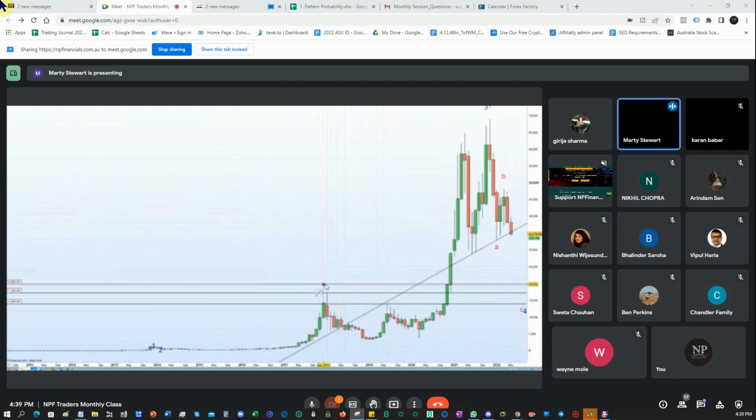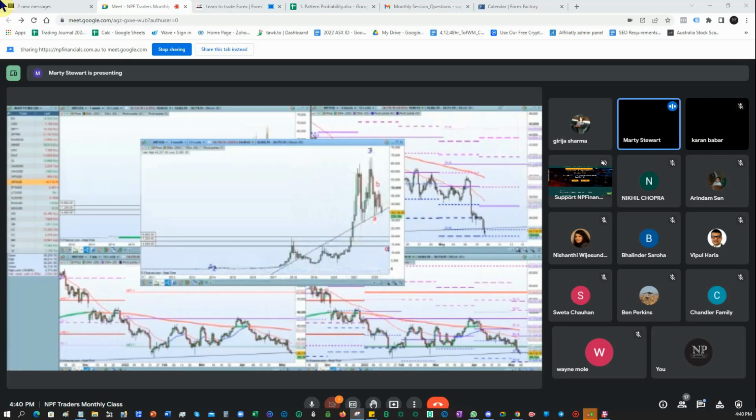And I generally use a daily pivot point to get my supports and resistances for that. And I've found the impulsive versus corrective seems to be pretty reliable. So now I can ask if anyone's got any questions so far, if anyone wants anything elaborated on.